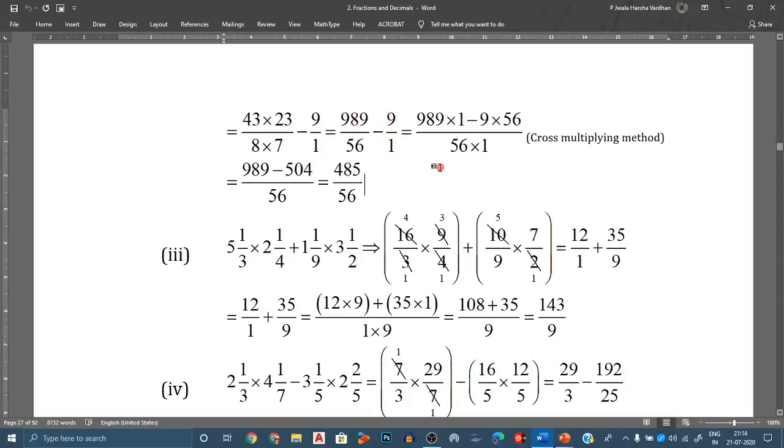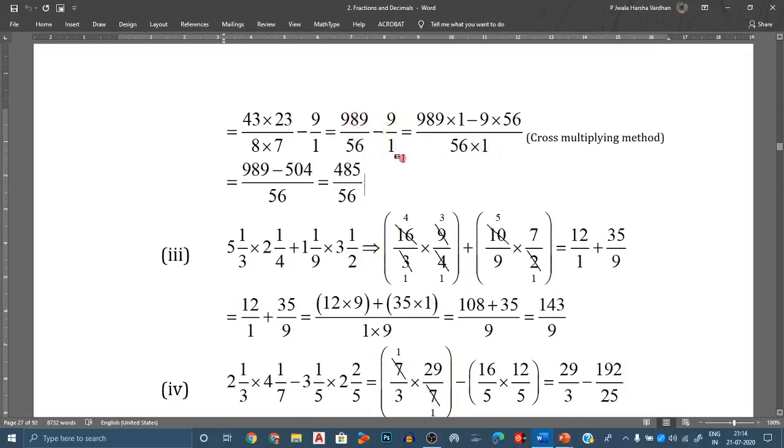If more than two fractions are there, you have to use the LCM method only. If only two fractions are there, and there is a plus or minus between them, instead of taking the LCM, you can directly use the cross multiplication method.